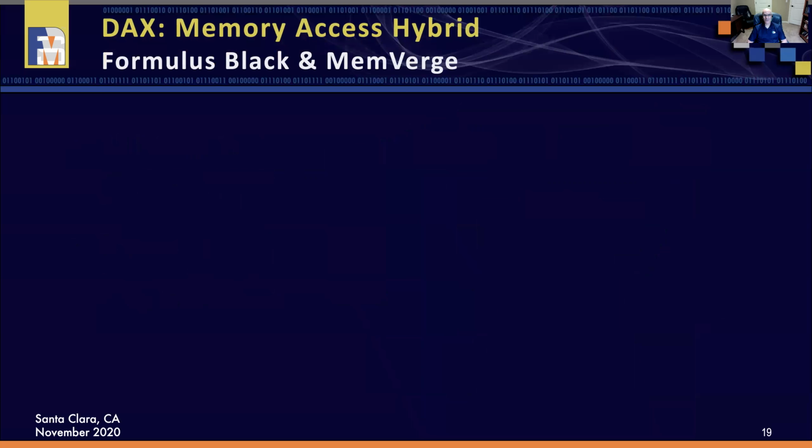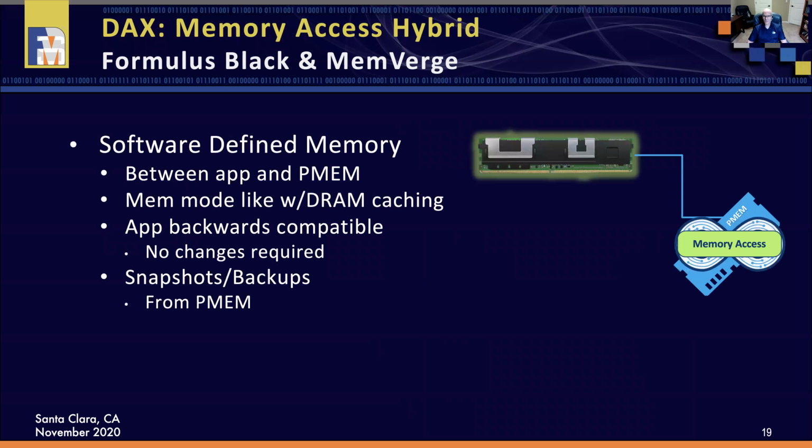Now, this hybrid memory access from Formulus Black and MemVerge is also really interesting. It's software-defined memory. They sit between the application and the persistent memory, but unlike memory mode, they're using the persistent memory as persistent memory.